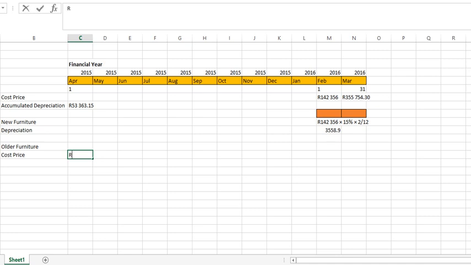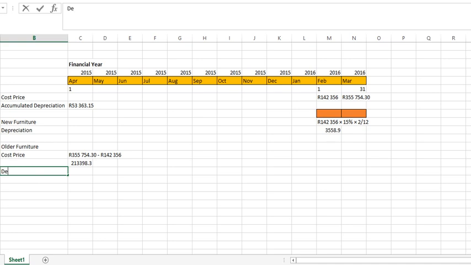So our cost price is then going to be 355,754 and 30 cents minus this 142,356. So that will then be 213,398 and 50 cents.